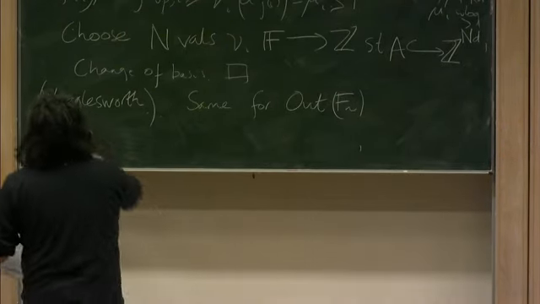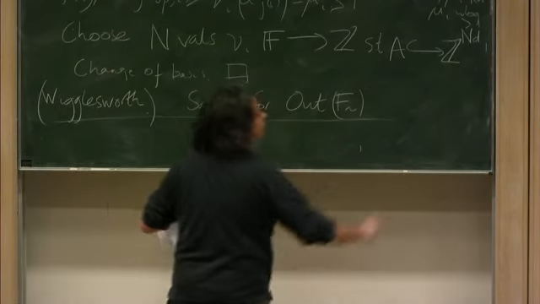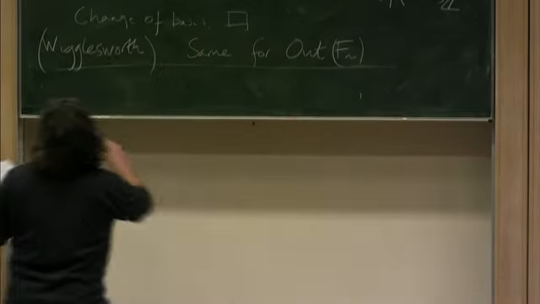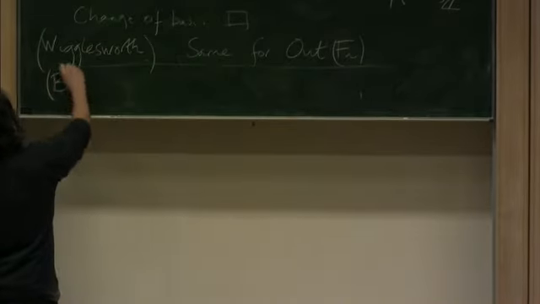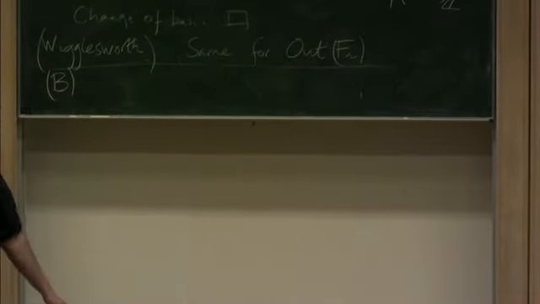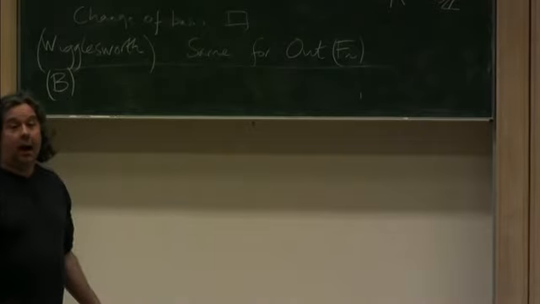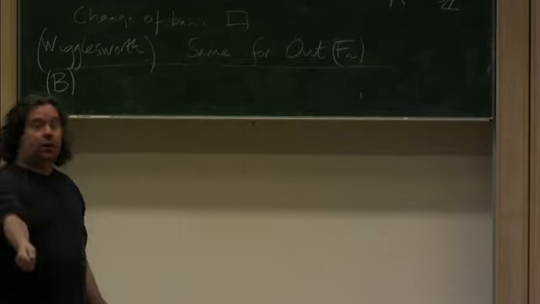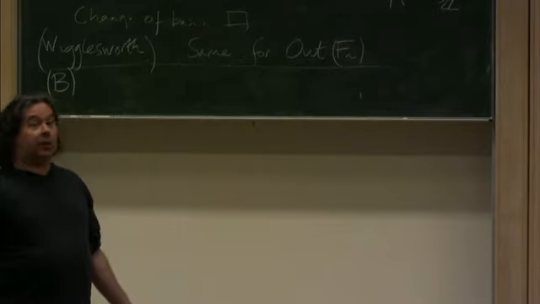So we'll just finish up quoting some results. Where I came in: I'm interested in the question, are all free by cyclic groups linear? If they're hyperbolic, because they were cubulated by Mark Hagen and Dani Wise, they're even linear over Z.